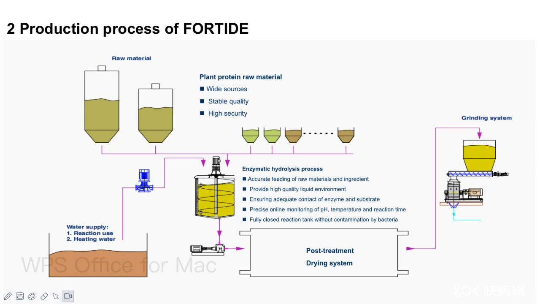The time of the enzymatic hydrolysis reaction is 12 hours, and after this, it enters the post-processing systems like drying, crushing, and packaging. For drying, we adopt low temperature drying to ensure that the quality of the intermediate products from enzymatic hydrolysis will not be damaged.